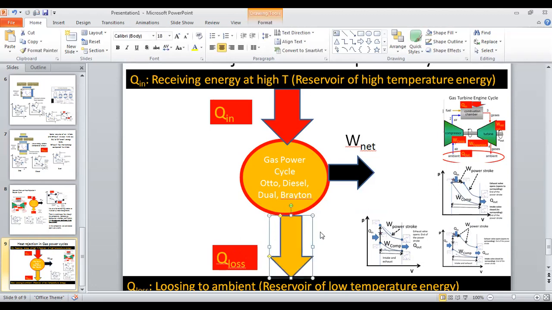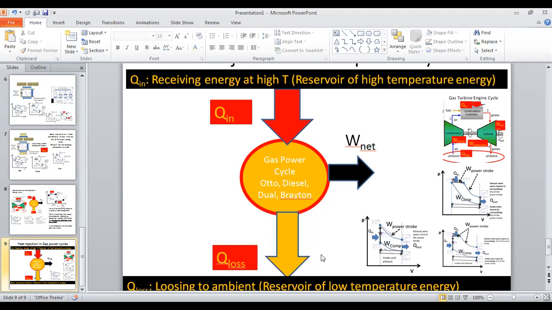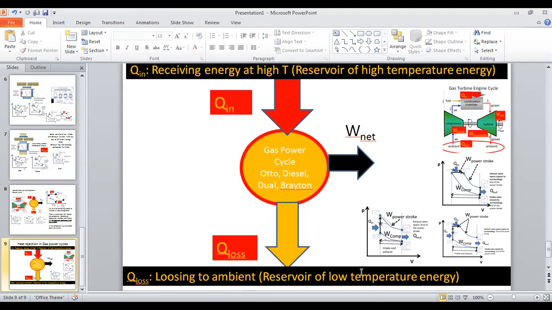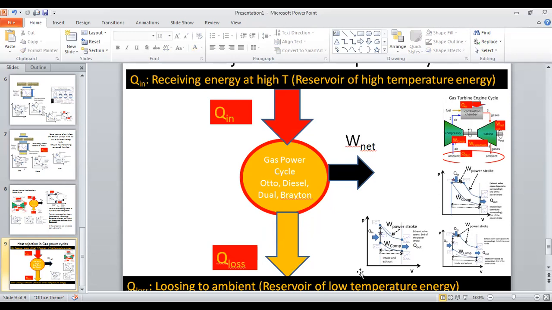So the working fluid receives heat, the higher level of thermal energy, and delivers work. The balance, the obvious loss, is transferred into this low temperature reservoir.